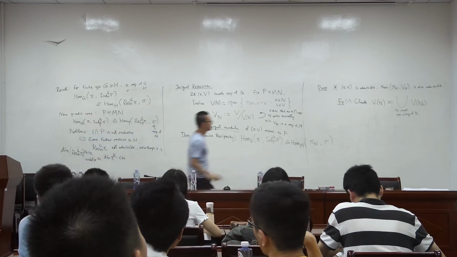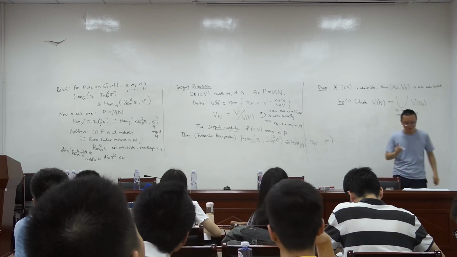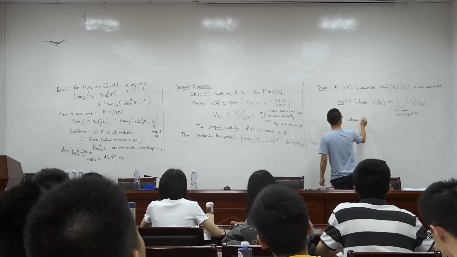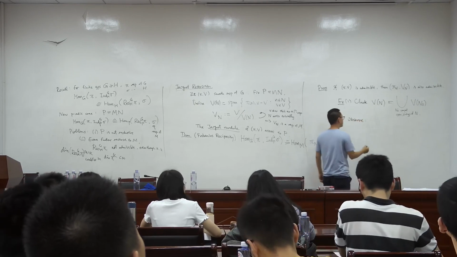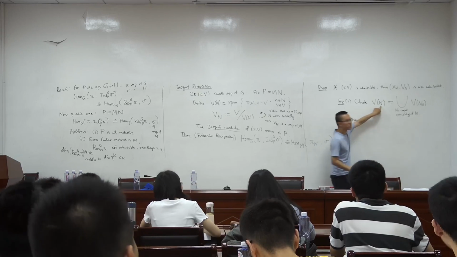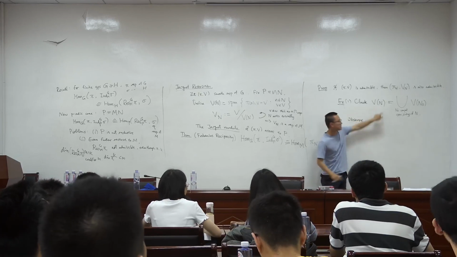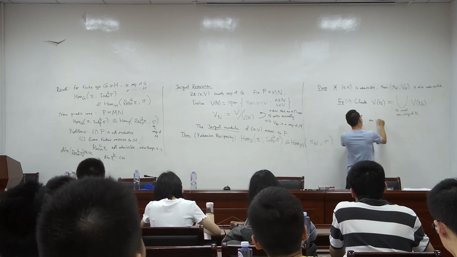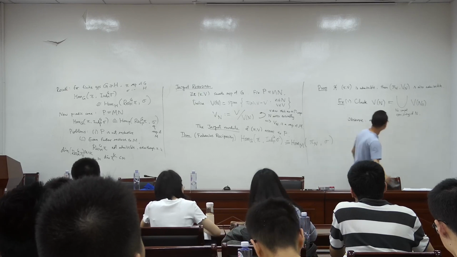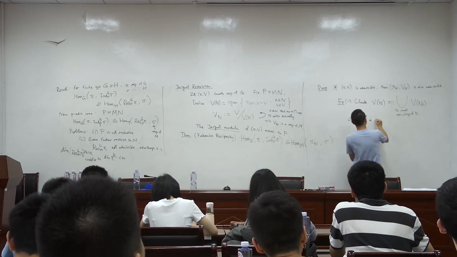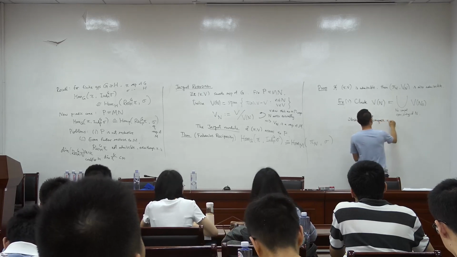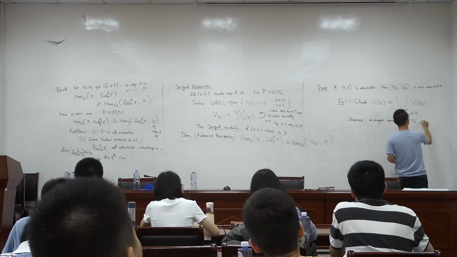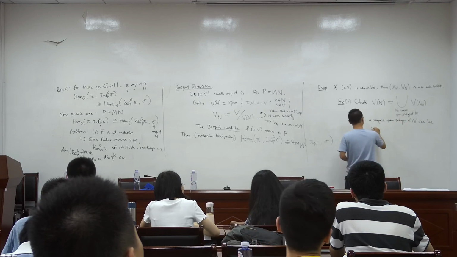Now, why do I emphasize this exercise? It's easy to see, but you need to observe the following. Because now we focus on this N part. In the N part, a compact open subgroup of N can be arbitrarily large.